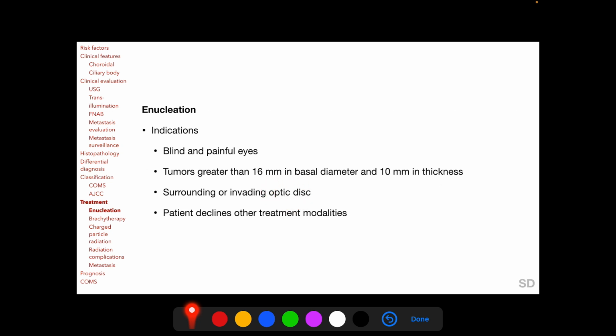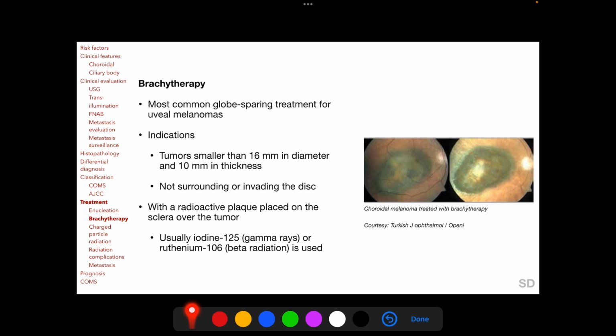We may note here that margin of the tumor near the optic disc is one of the TF-SOM criteria. Radiotherapy is the primary globe-sparing treatment for posterior uveal melanomas, and brachytherapy is the most common form in which radiotherapy is administered for choroidal melanoma.